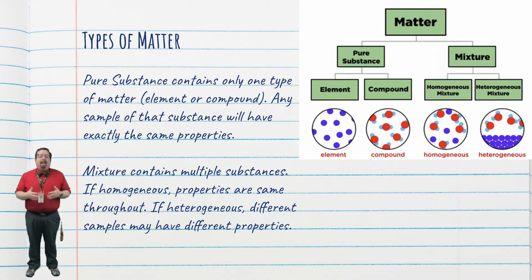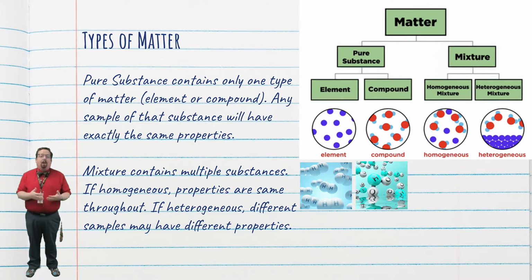For example, an element might be hydrogen, which only consists of atoms of hydrogen. But a compound might be water, which consists of two hydrogens and one oxygen in each molecule, all bonded together. As long as we only have molecules of water in the sample that we're looking at, it's still a pure substance because each chunk or piece is exactly the same as the next.